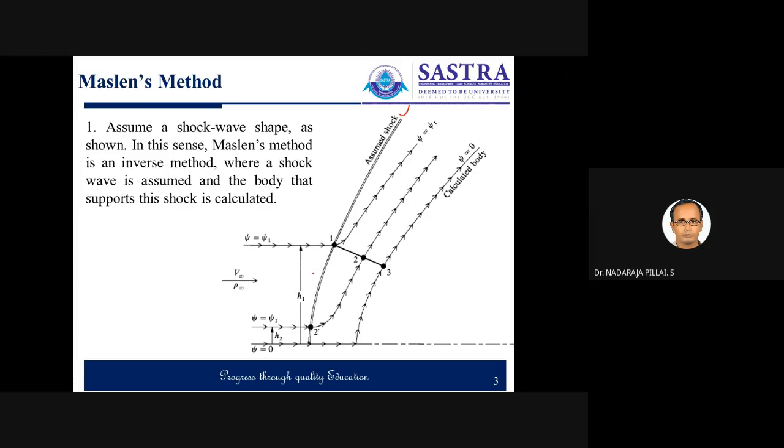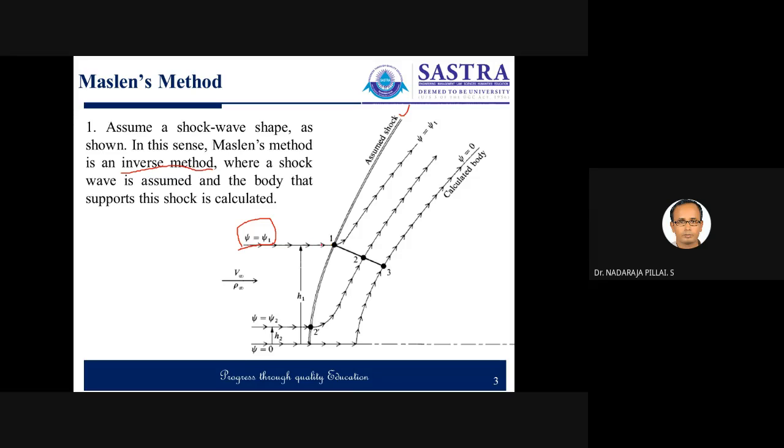Then in Maslen's method, we already discussed that it is a kind of inverse method, not a straightforward method. Inverse method means the shock wave is assumed and the body shape that supports this particular assumed shock is calculated.